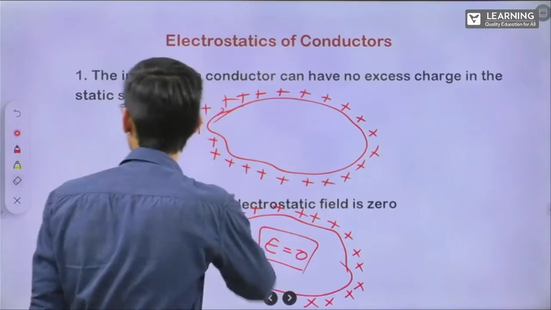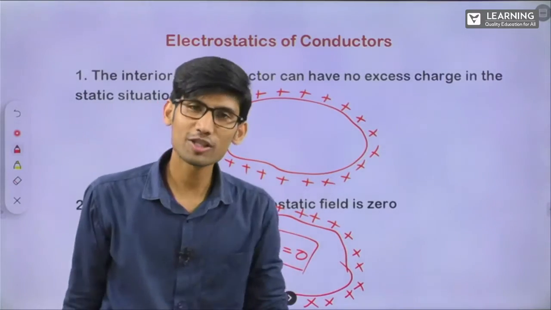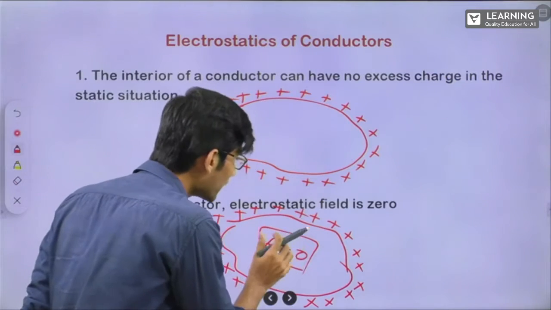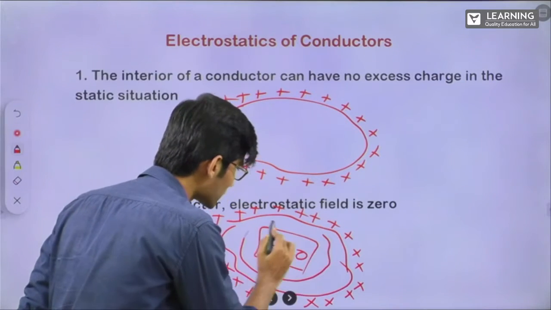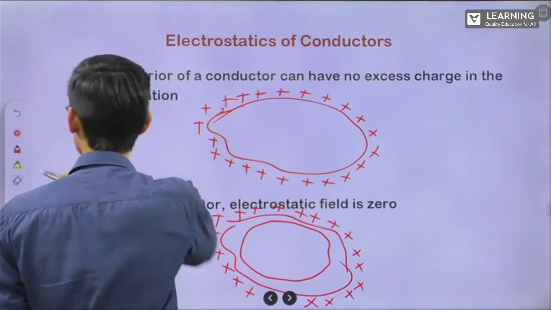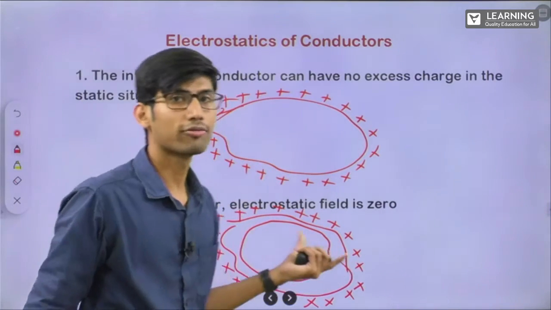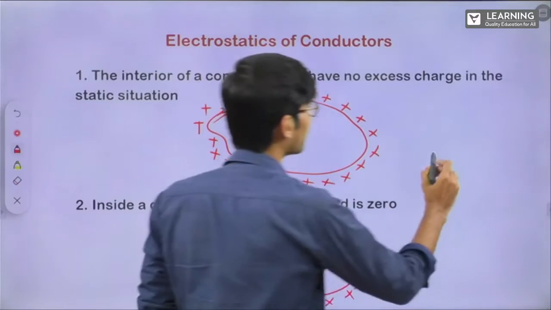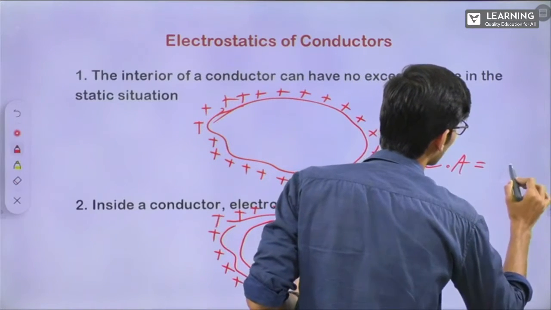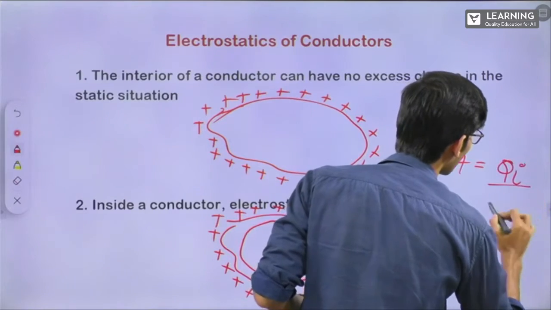There is one more way to understand. Gauss law, from chapter number 1. If I make a Gaussian surface inside this, the flux through this Gaussian surface, I can write E dot A is equal to Q inside upon epsilon naught.